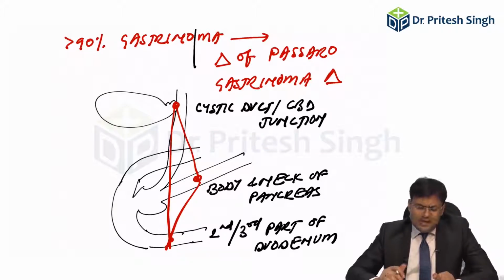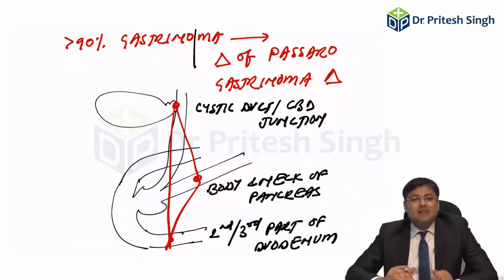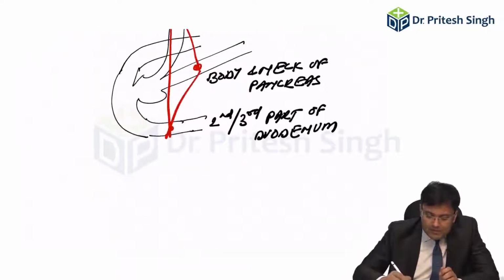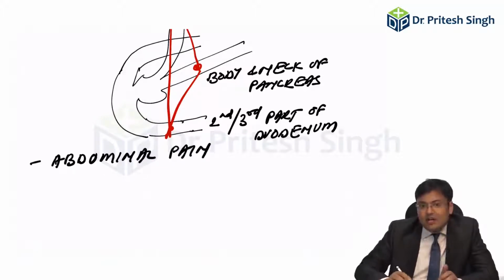Now a simple question. Since there is increased acid output, there is increased risk of peptic ulcer. So the patient will have signs and symptoms of ulcer. So what are those symptoms? The most common symptom of gastrinoma is what? Abdominal pain, because of ulcer or increased acid output.